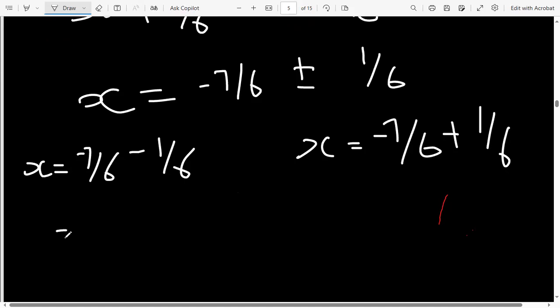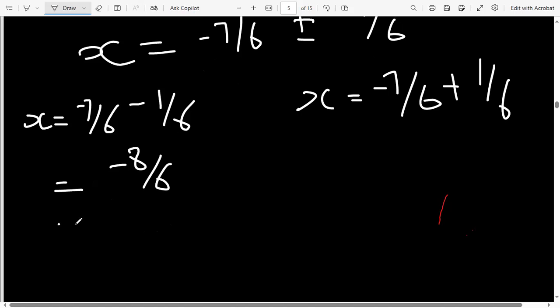Okay, so let's add these fractions. They have the same denominator there, so we can just concentrate on what is on top. What is on top there is minus 7 minus 1, which is minus 8, divided by 6. We can reduce this by dividing 2 into the numerator to be minus 4, and 2 into the denominator to be 3.